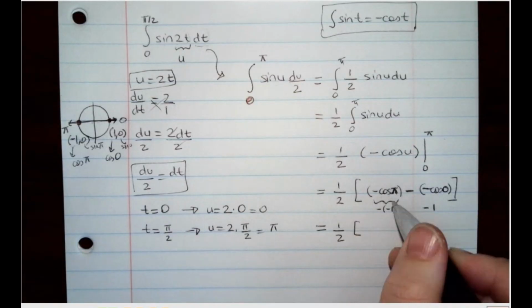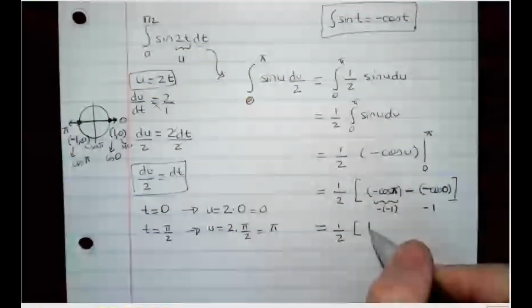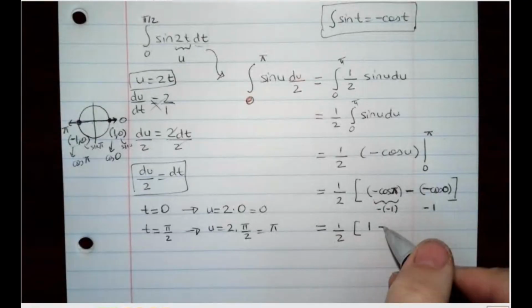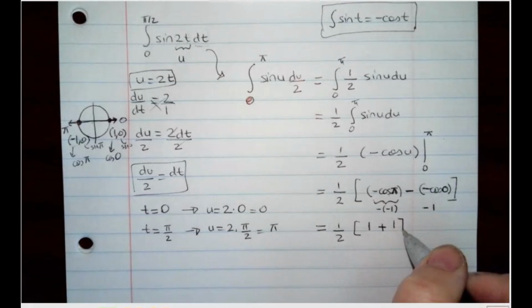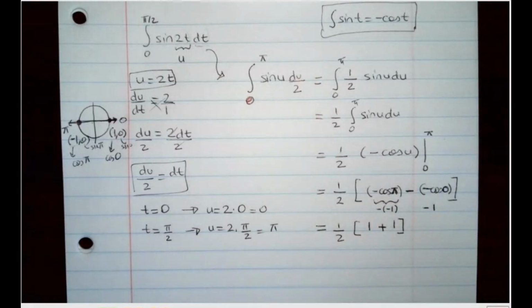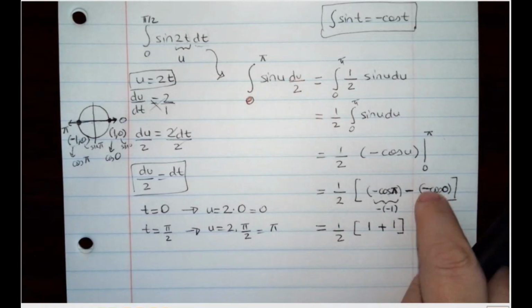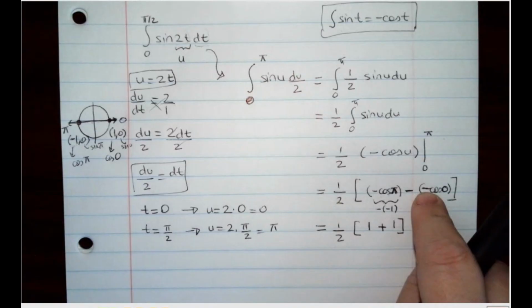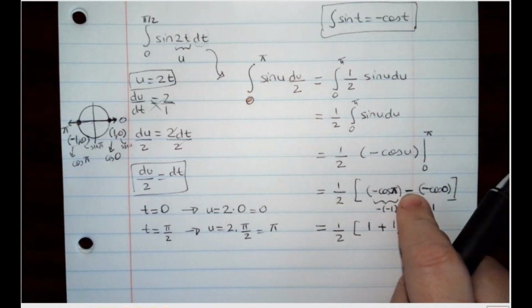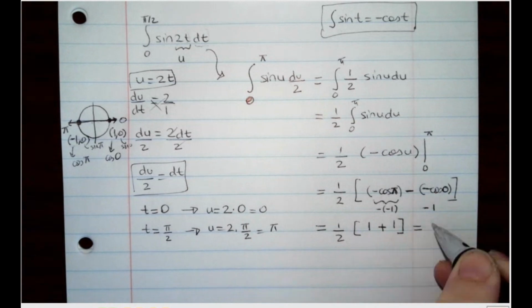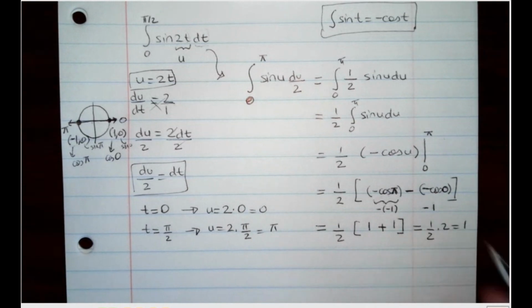Negative of negative 1 is positive 1, minus negative 1 is also going to turn out to be positive 1. Just be careful with the minuses and pluses. So this is 1 over 2 times 2, which is 1.